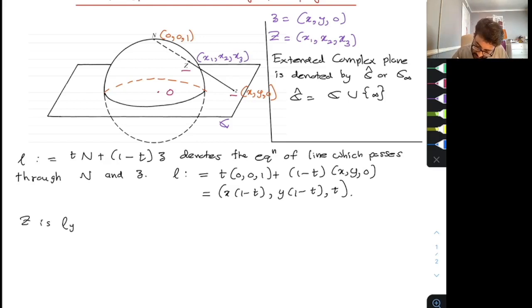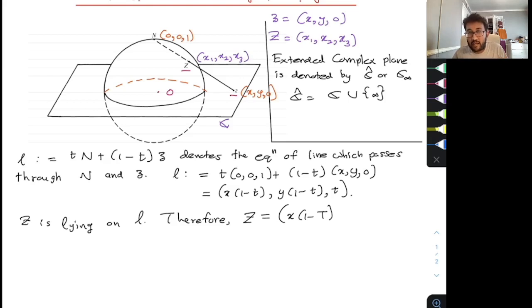Capital Z is lying on L. Therefore, I can write capital Z as (x(1 minus T), y(1 minus T), T), because small t is my general parameter, and I can have capital Z at some specific parameter value.